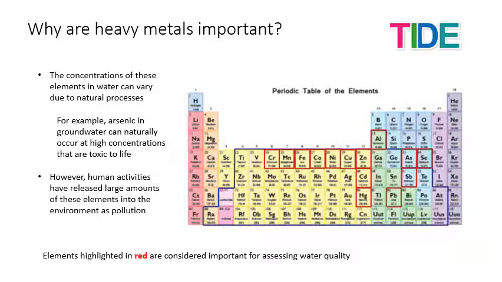And so a particularly important example of where natural processes can result in high concentrations of elements that can cause harmful issues for public health is concentrations of arsenic in groundwater.